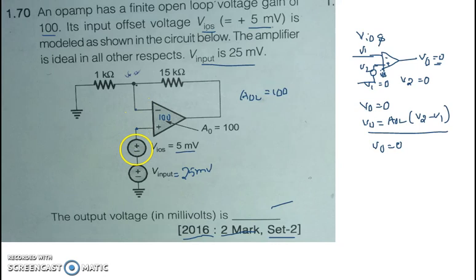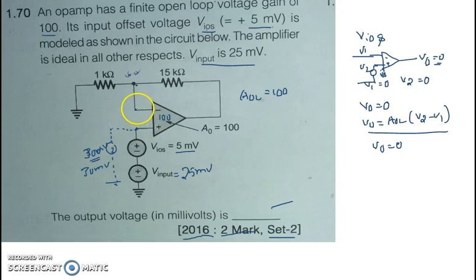Here the total voltage is 25 plus 5, which becomes 30 millivolts, the total supply to the non-inverting terminal.